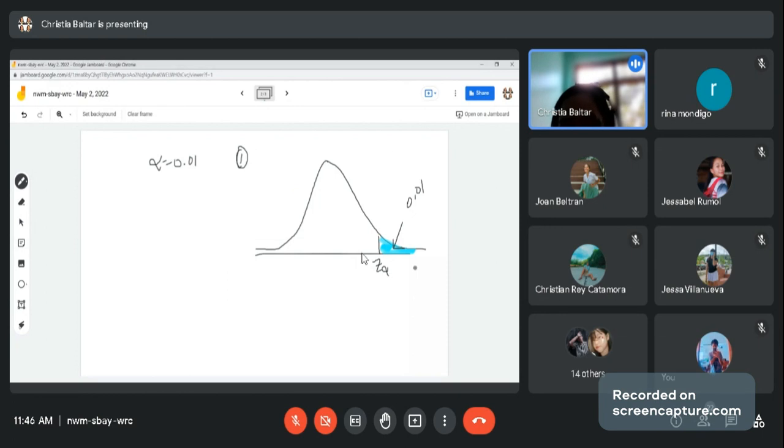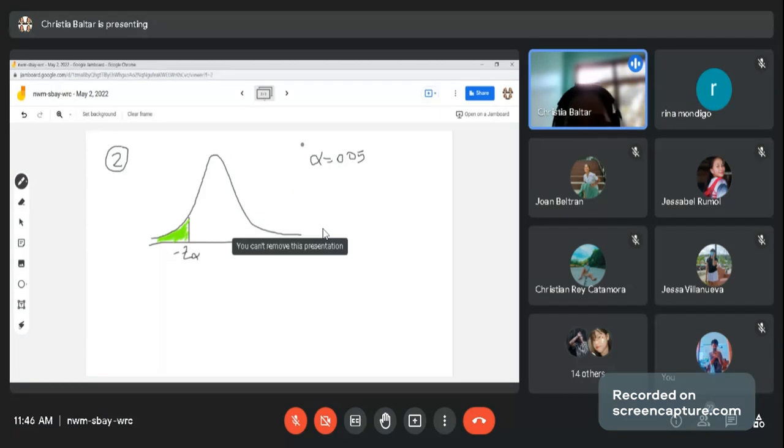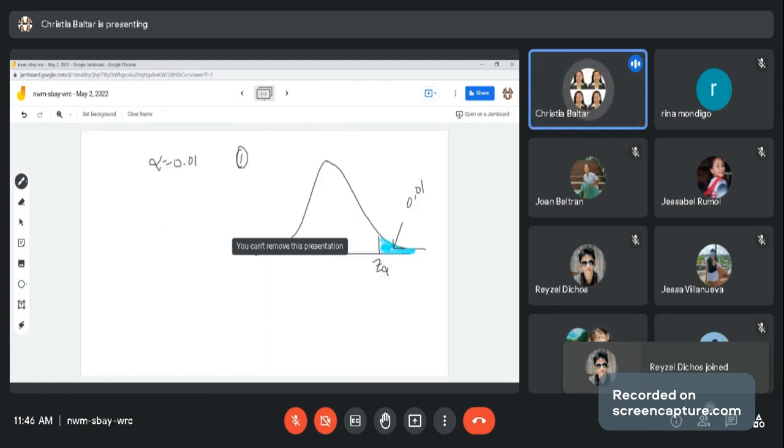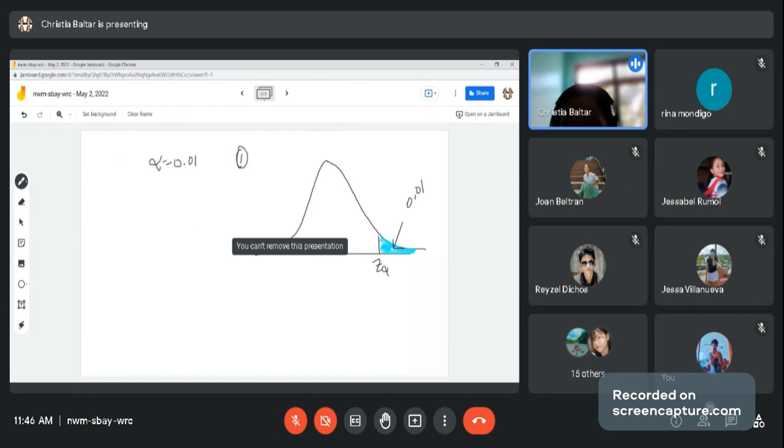The first situation is we have an upper tail test and the alpha given is 0.01. The second situation is we have a lower tail test but the alpha given is 0.05. I want you to look for its critical value, because the crucial part is the determination of the critical value.